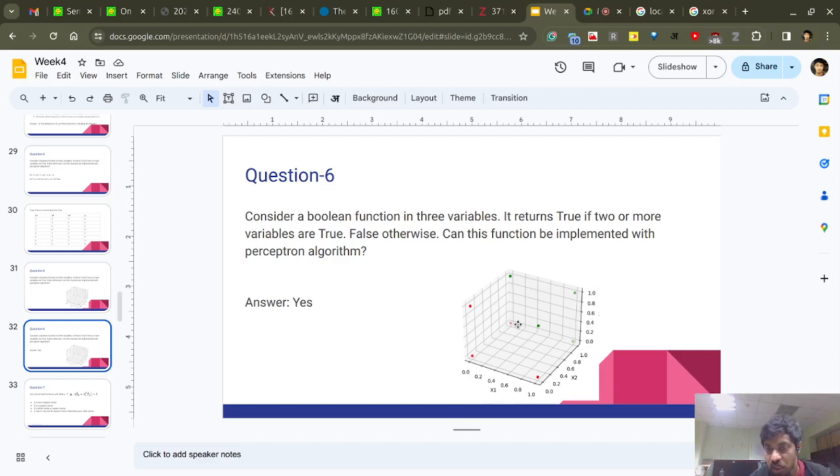So at this point all of them are 0, right? So that is red. Red means it is false.